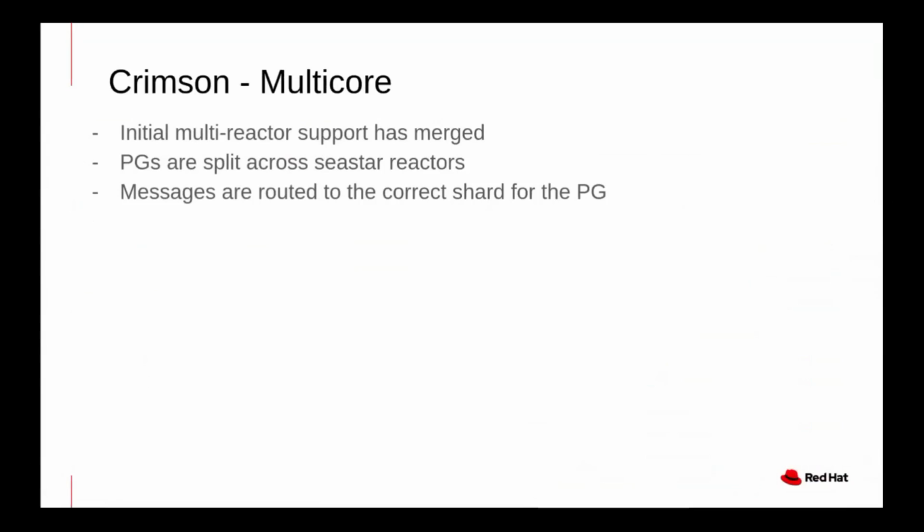We were pretty satisfied with those results. So this year, a lot of work went into splitting the PG state among multiple cores and introducing the internal architecture required to route messages between cores. The next step here will be further improvements to this and adding multi-core support to the messenger natively.